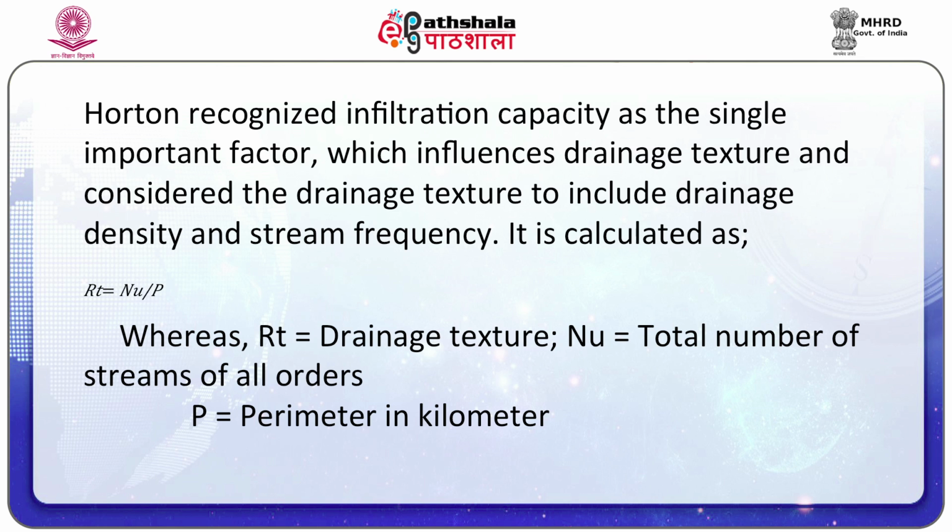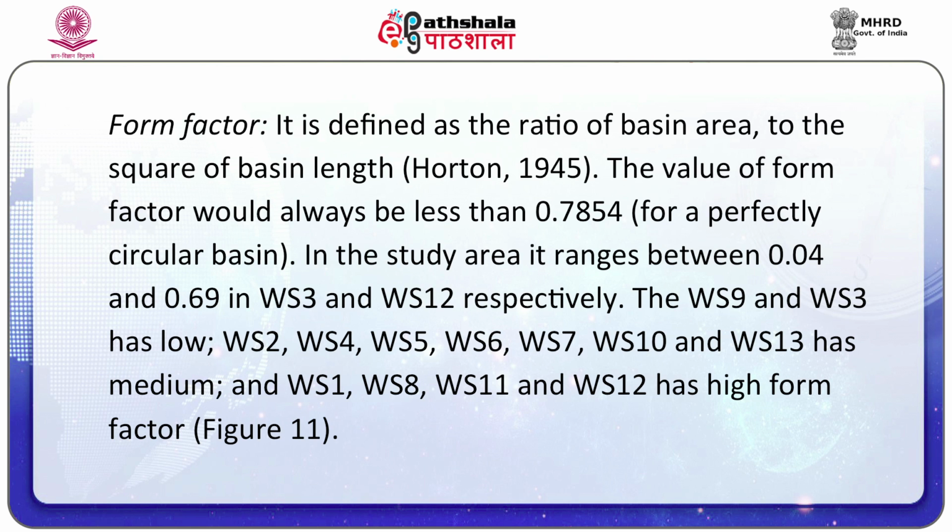It is calculated by the formula. Form factor. It is defined as the ratio of basin area to the square of basin length. The value of the form factor would always be less than 0.7854, which is for a perfectly regular or circular basin.